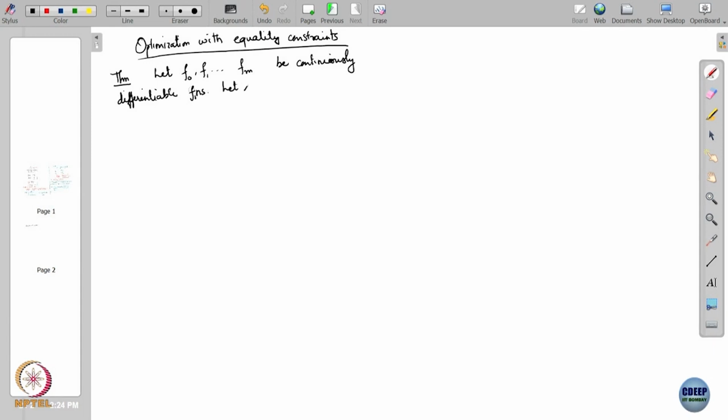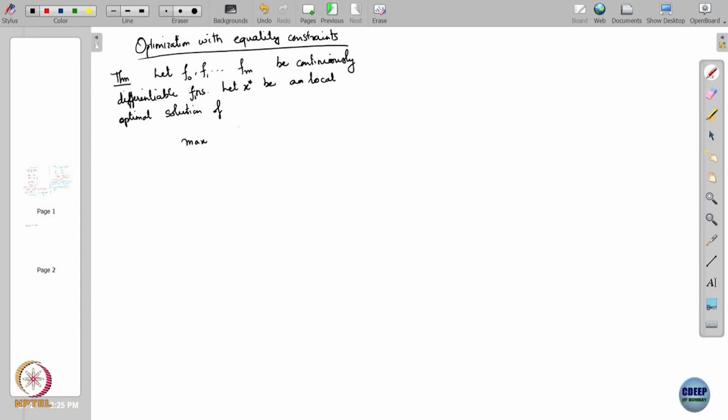Let x star be a local optimal solution of this problem.